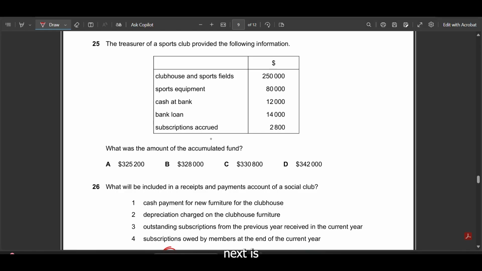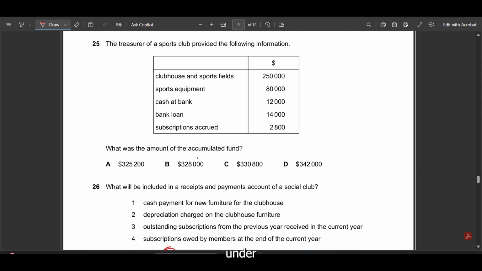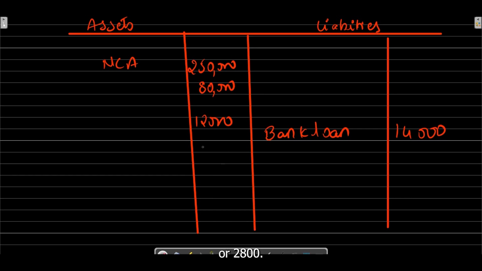Okay. Next is subscription accrued. Subscription accrued is nothing but an accrued income. So accrued income is always an asset, recorded under current assets, under other receivables. So 2,800 I'm recording over here. So let's calculate the balancing figure.